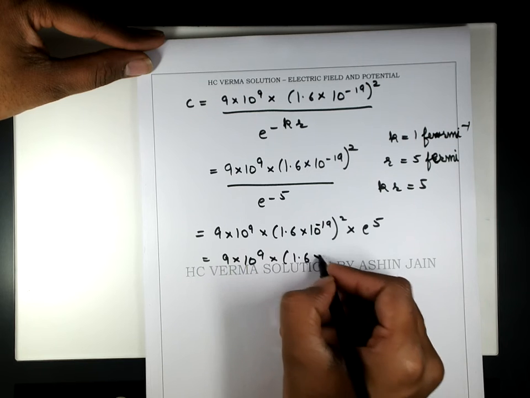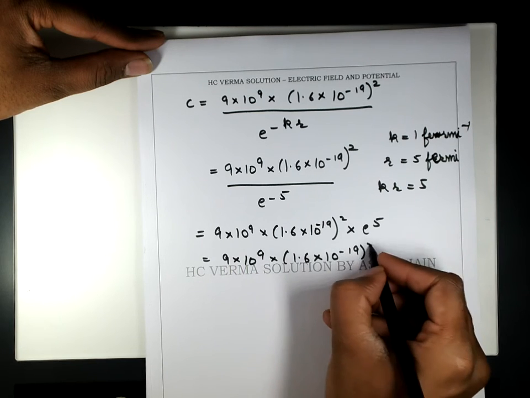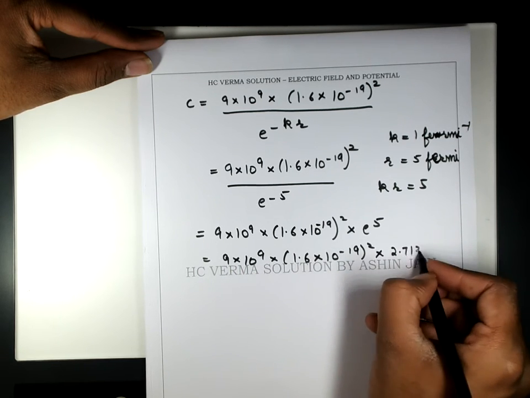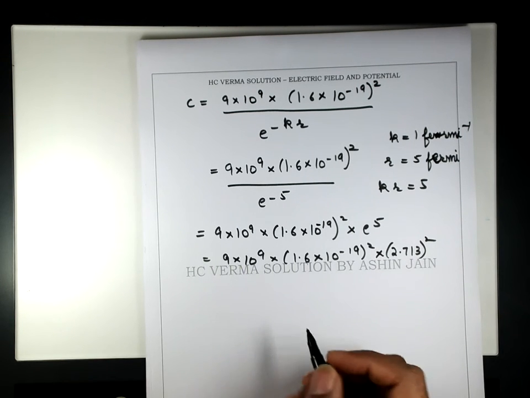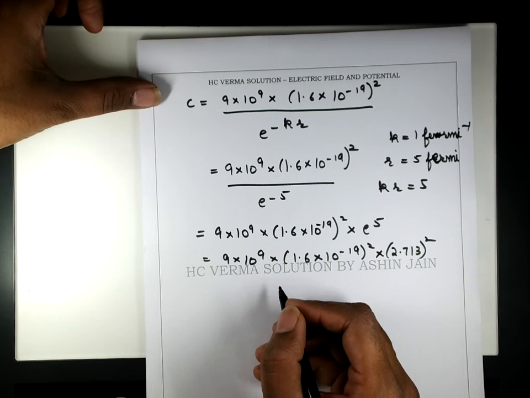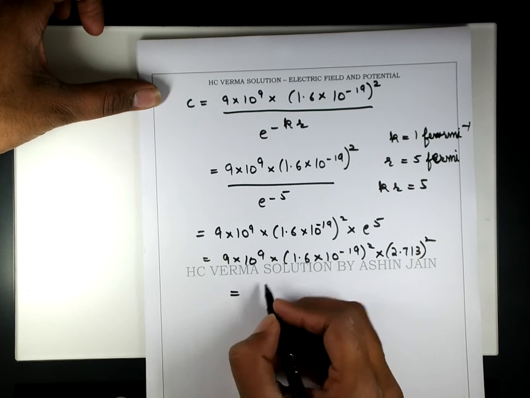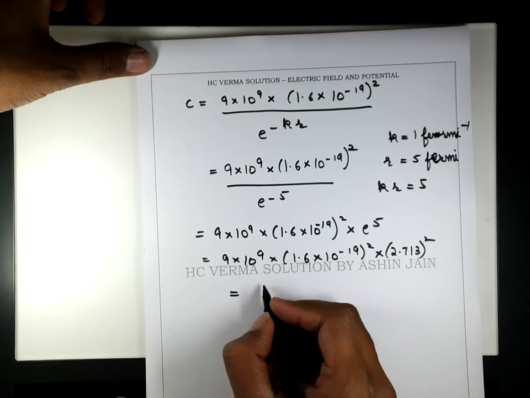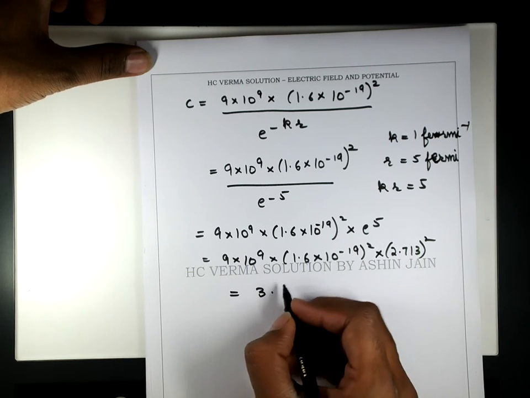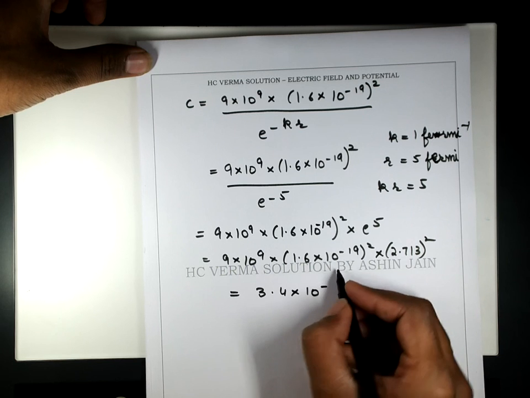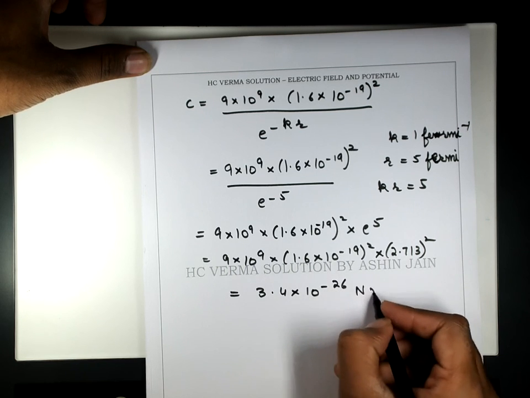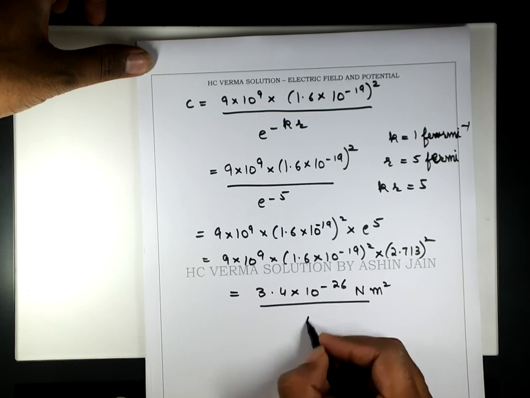So this can be written as into 2.713 to the power 5, and if we calculate this, the outcome is roughly equal to 3.4 into 10 to the power minus 26 Newton meter squared, which would be the answer to this problem.